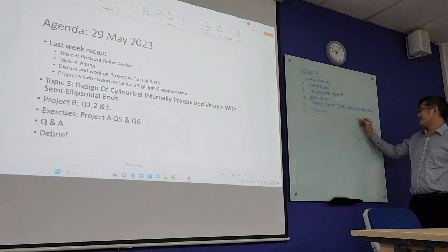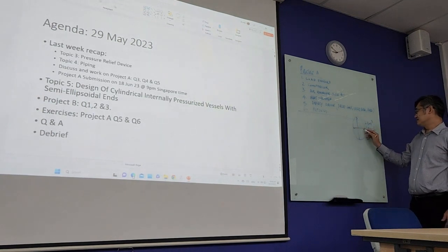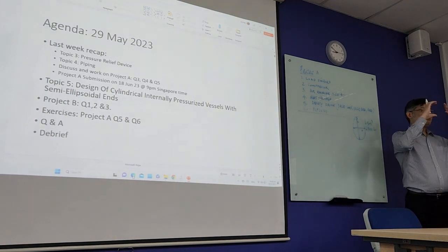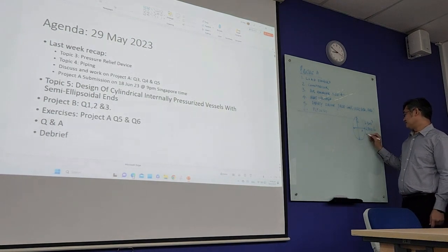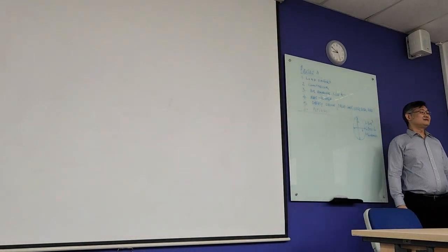We need to know the length, the diameter, and the thickness to withstand the pressure. So the important thing is to identify the design pressure.